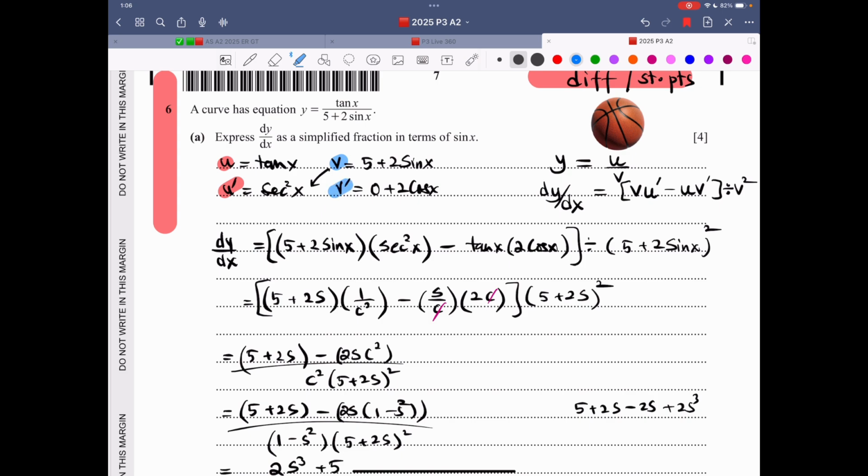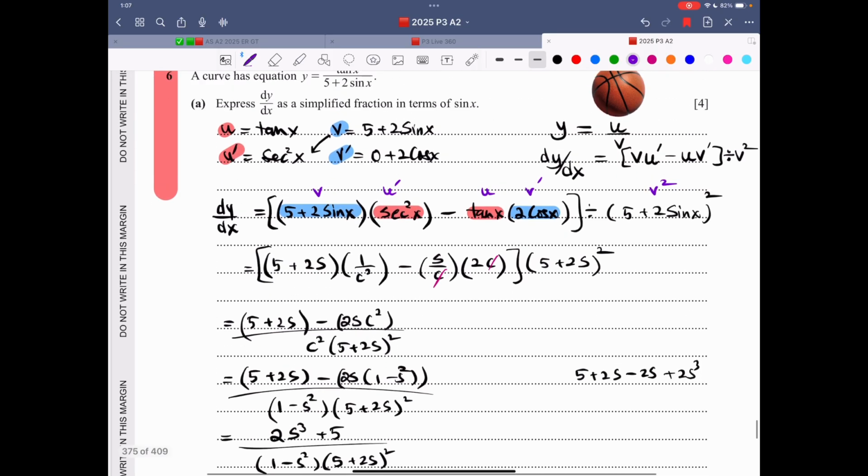We are starting with v, so this is v, and this one is u prime. This one is u, and this one is v prime. So let me highlight it. Therefore this is v, this is u prime, this is u, this is v prime, this is v squared.